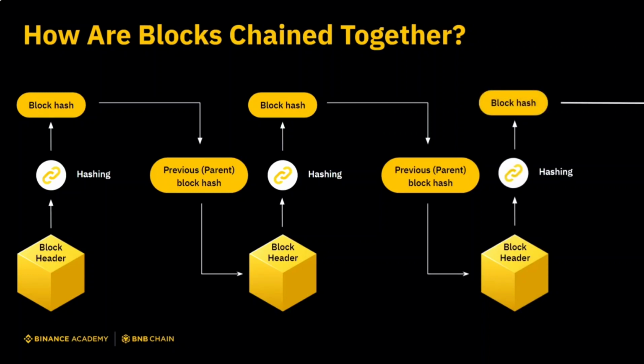Any attempt to modify the data in the block will result in the change of its hash value, which will also affect the hashes of all subsequent blocks. This makes it difficult to tamper with blockchain data, as any changes will be immediately detected. Therefore, every new block must use the hash of the previous block as its identifier.